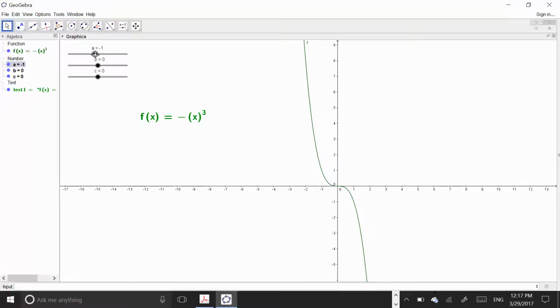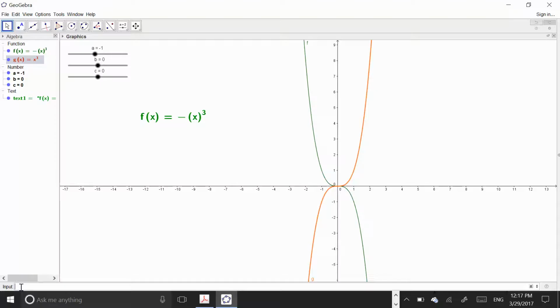So if I type in the second equation so you can compare, let's do x to the power 3. See how they're exactly the same, they're symmetrical. But because one's positive and one's negative, it just flips. Because all the y values, if it was -8, it becomes +8. If it was +8, it becomes -8. So this is your positive graph, this is your negative graph.